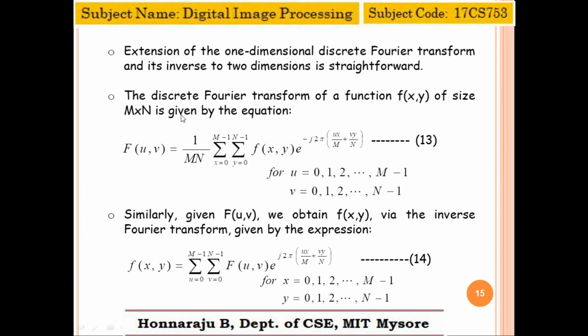Similarly, we can also represent this in 2D. The extension of the one-dimensional discrete Fourier transform and its inverse to two dimensions is straightforward.